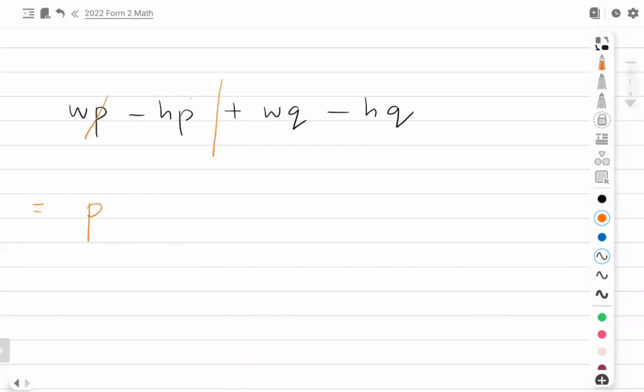So divided by P. So what should I write in the bracket? W minus H, yes. Second part, common factor? Plus Q, okay. Cut. Insert the bracket. What's inside the bracket? W minus H, yes.